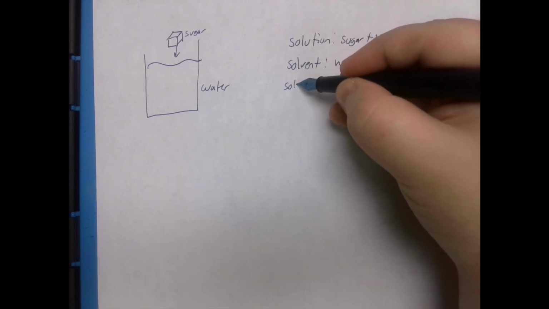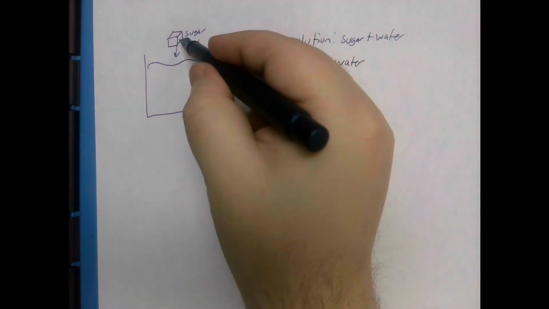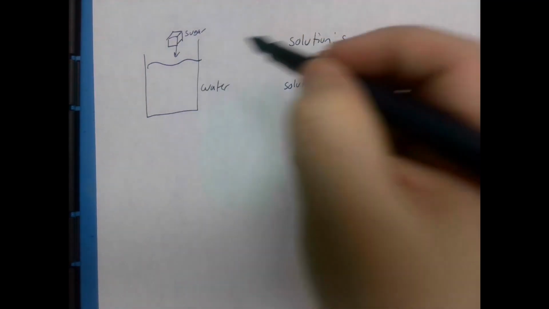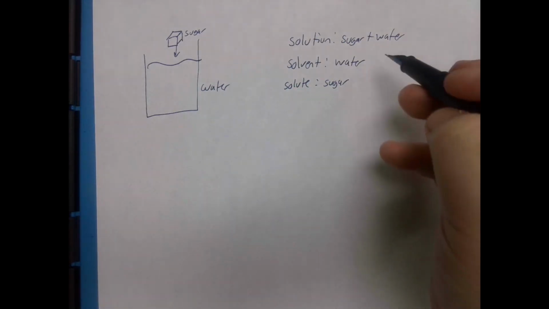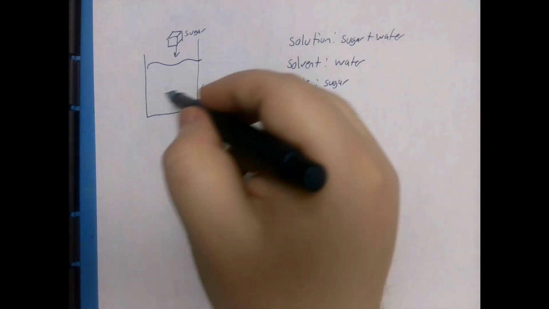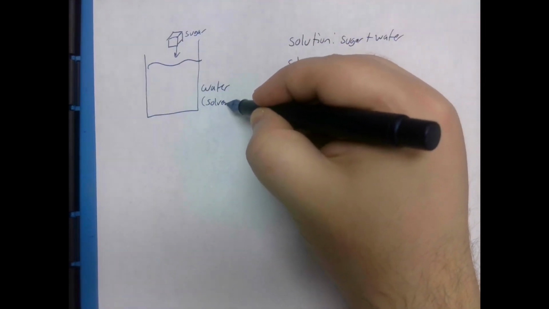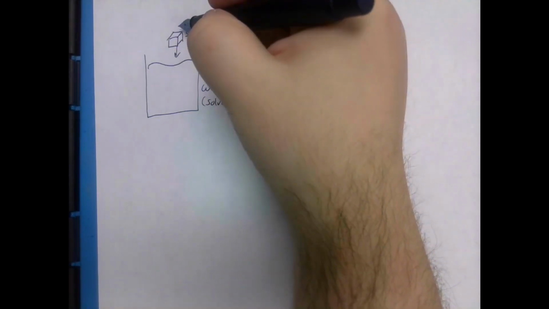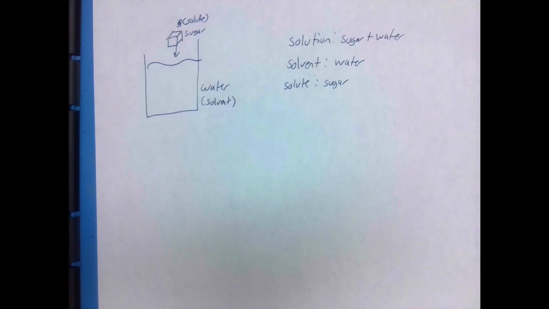And your solute would be the sugar. I mean, the large amount is water. So this is your solvent. It does the dissolving. And this is your solute, whatever you're putting in it.